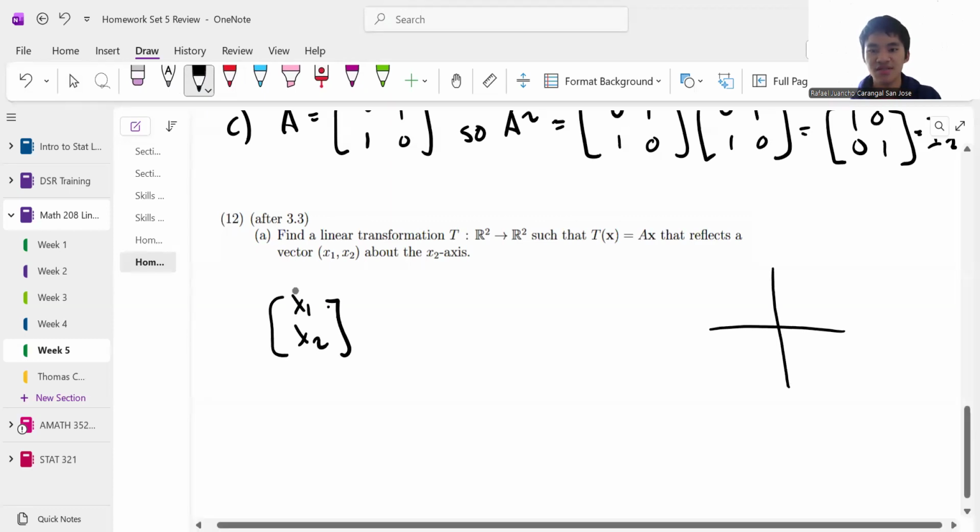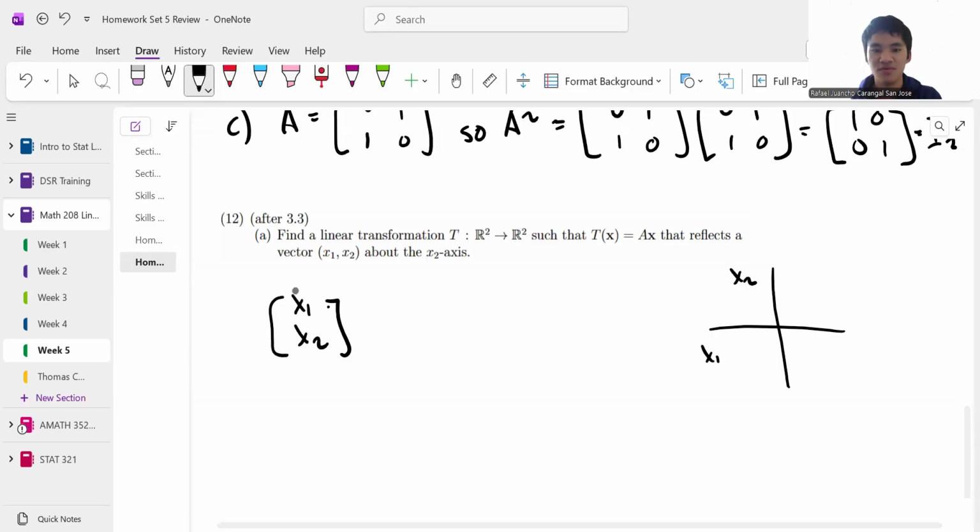So when we have x sub 1 somewhere, x sub 2 somewhere, we have a vector that reflects it. Well, we just want to make this a negative, or one of them a negative at least. So when we have, let's say, this is the equation x2 equals x1, the way to reflect this is to just switch it around.